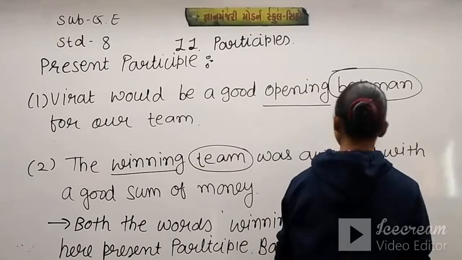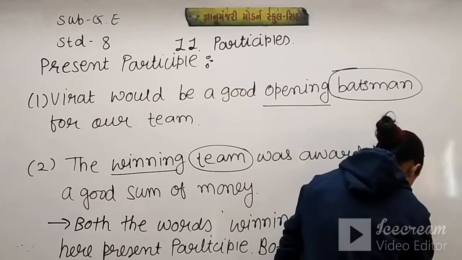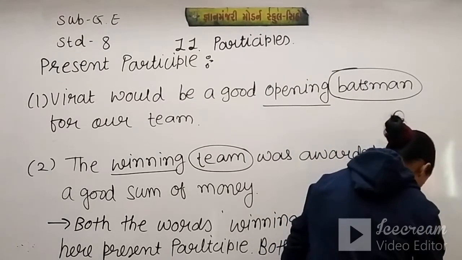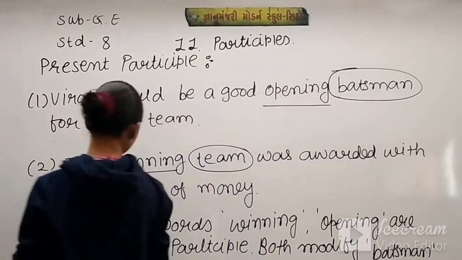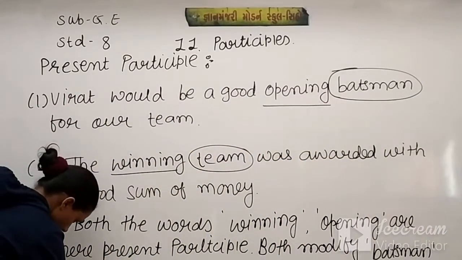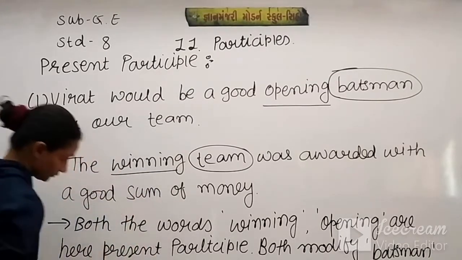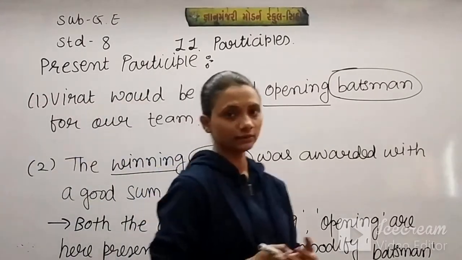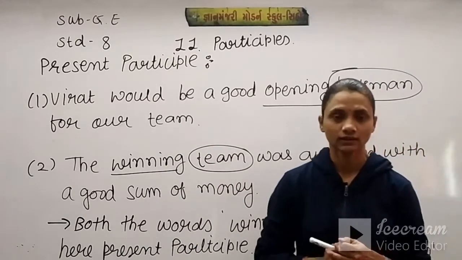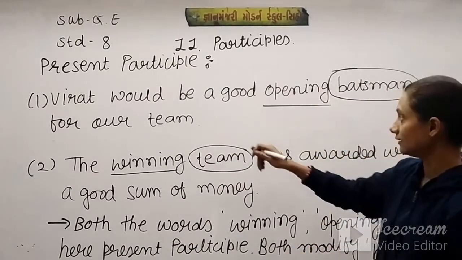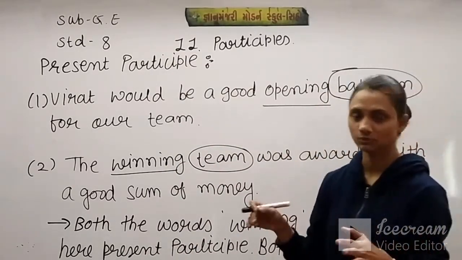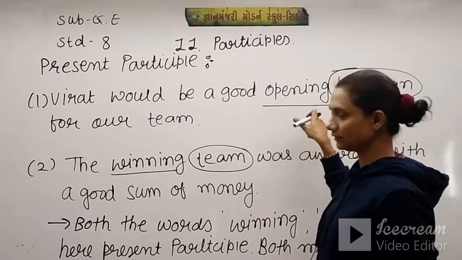Both modify batsman and team words. Okay, this way we can use present participle in a sentence. Present participle means you have to remember that it is a verb with ing.